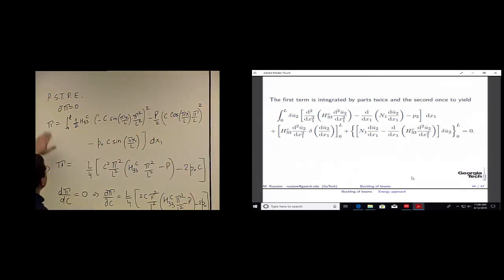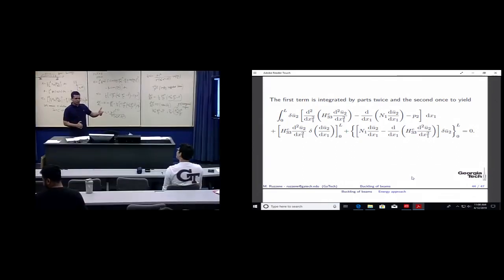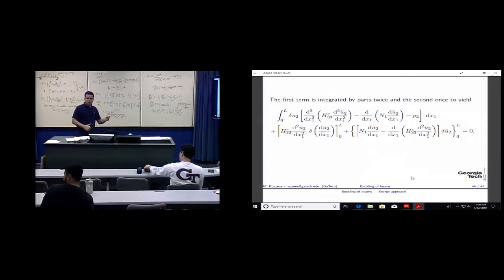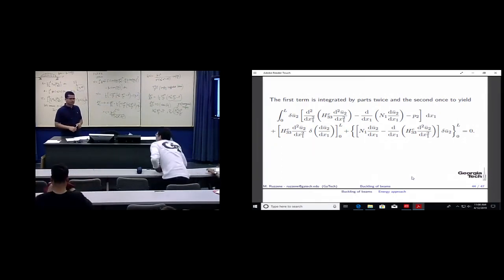So that's what it stands for. The stationary total potential energy principle gives us the equilibrium condition, and the minimum total potential energy gives us the character of the equilibrium, like whether it is stable or not. So that's very important to know.